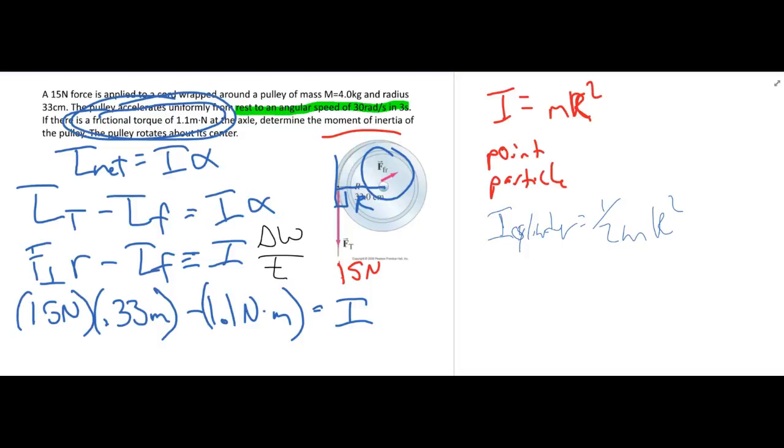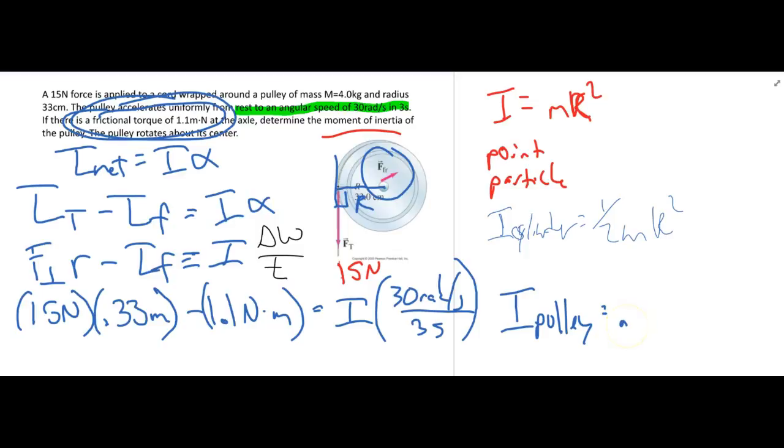Alpha was the change in omega, which is 30 radians per second divided by 3 seconds, so that's 10. When I do all of these calculations, I end up with I of the pulley equals 0.385. The units for I are kilograms times meters squared.